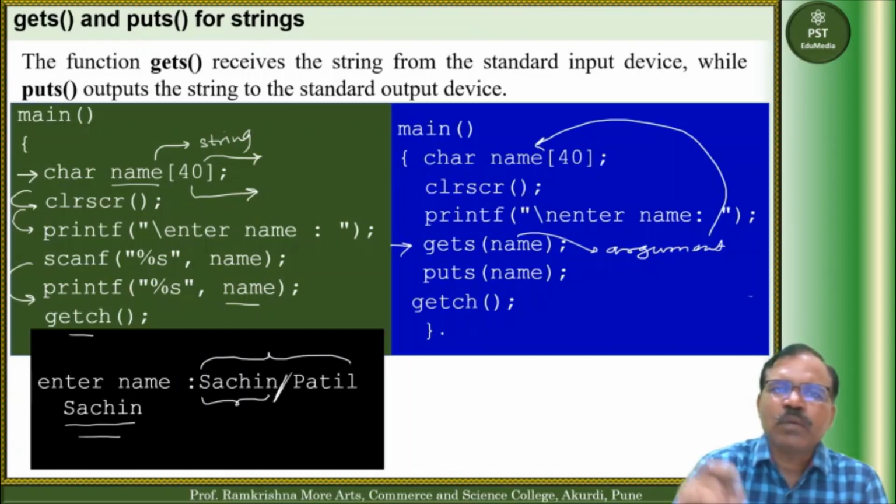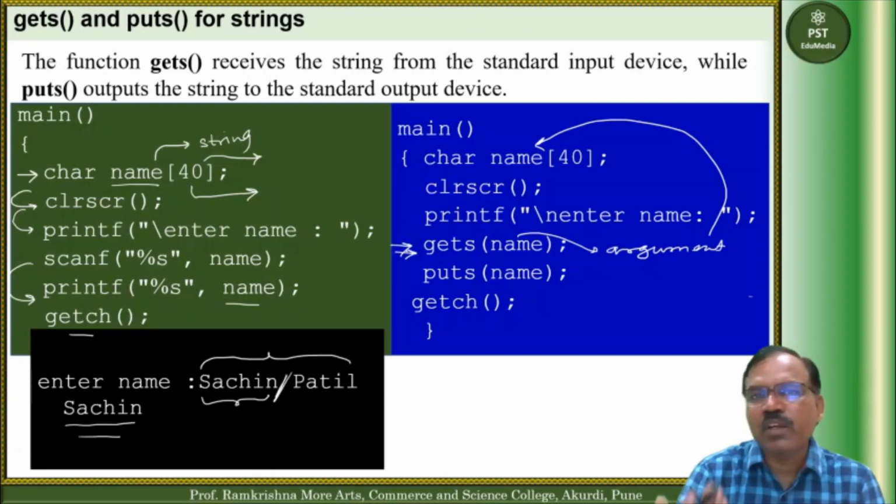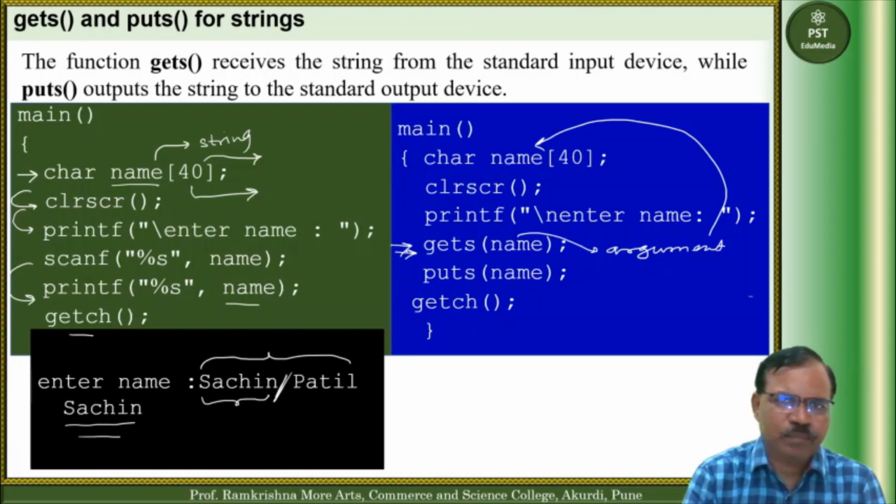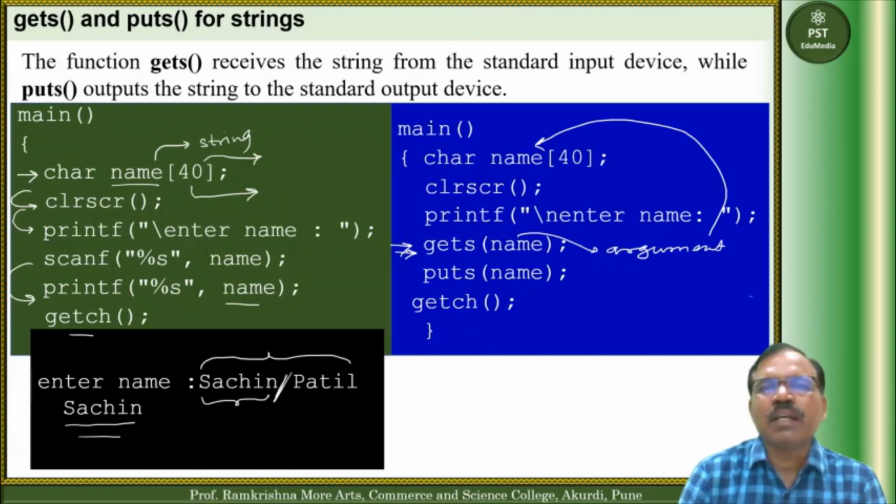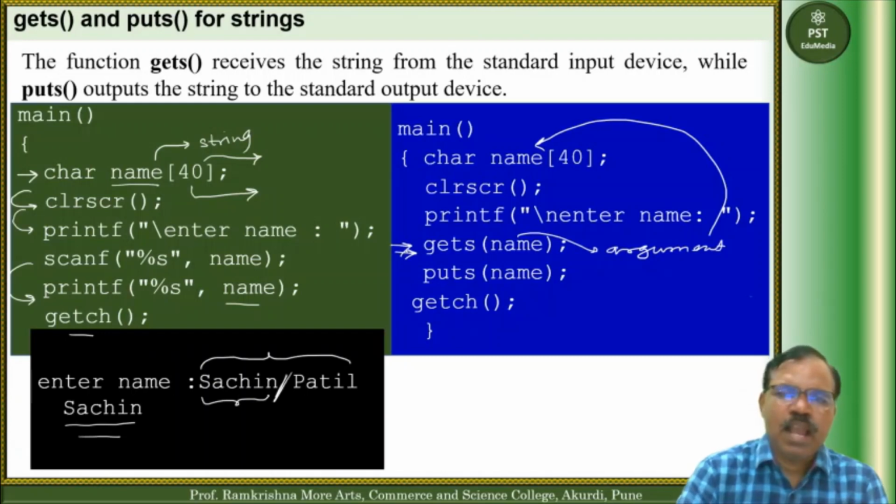So what happens when control comes here? It is asking for the value of a string of characters. When we enter the string and press enter, that string is stored in the memory location of name, and due to the putS function, that string is printed on the screen.